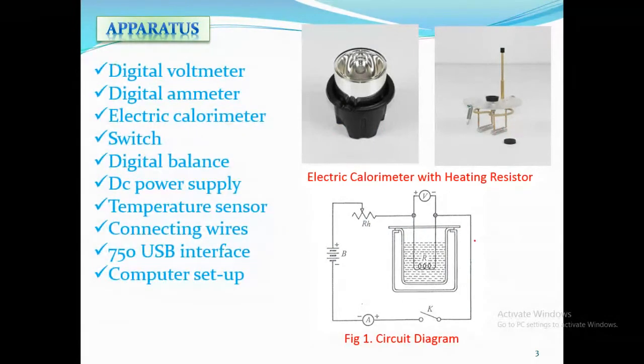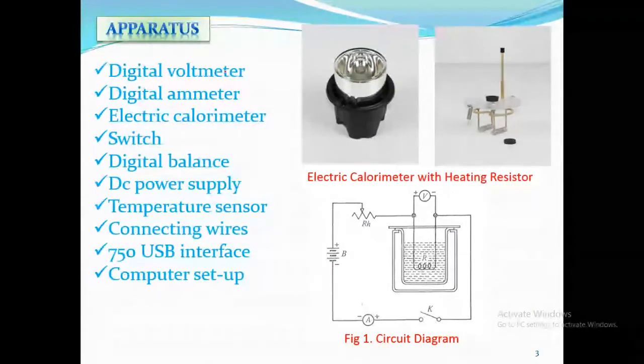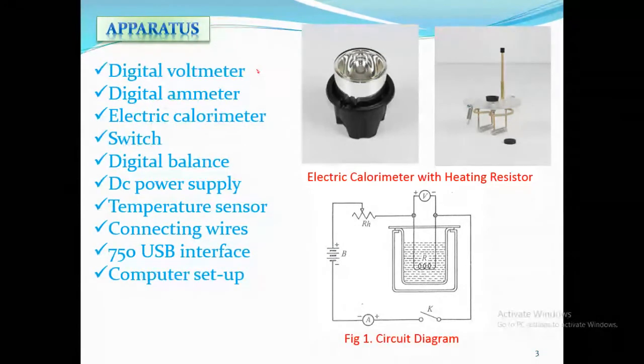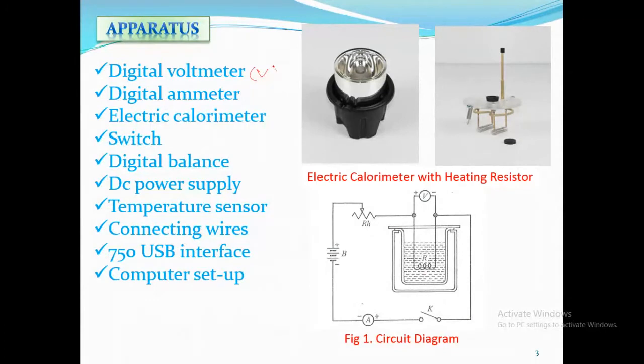The apparatus you need: a digital voltmeter and digital ammeter. One to measure the potential difference in the unit of volt, and the second one, the digital ammeter, to measure the current through the circuit.